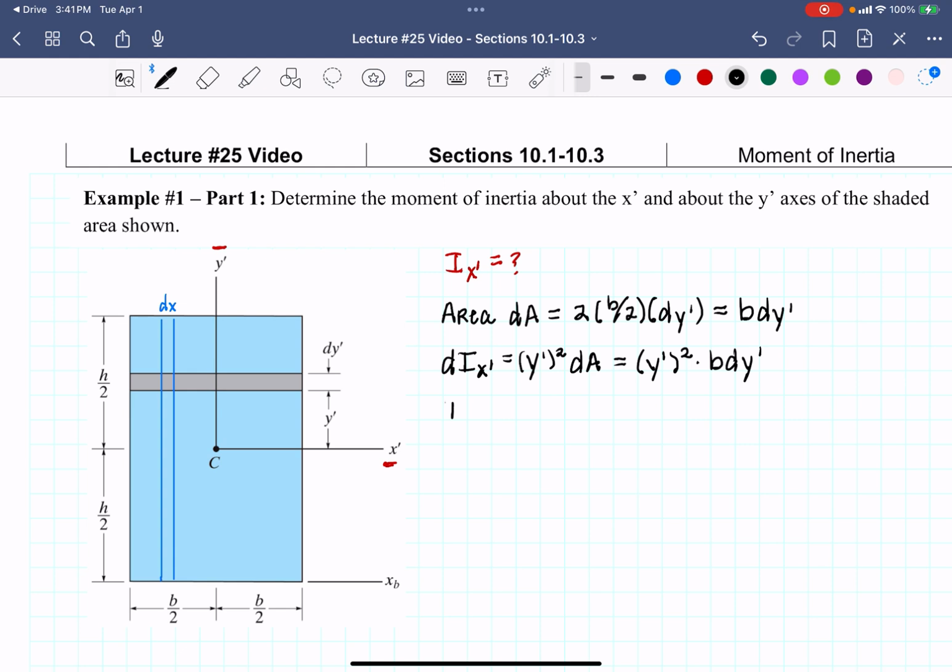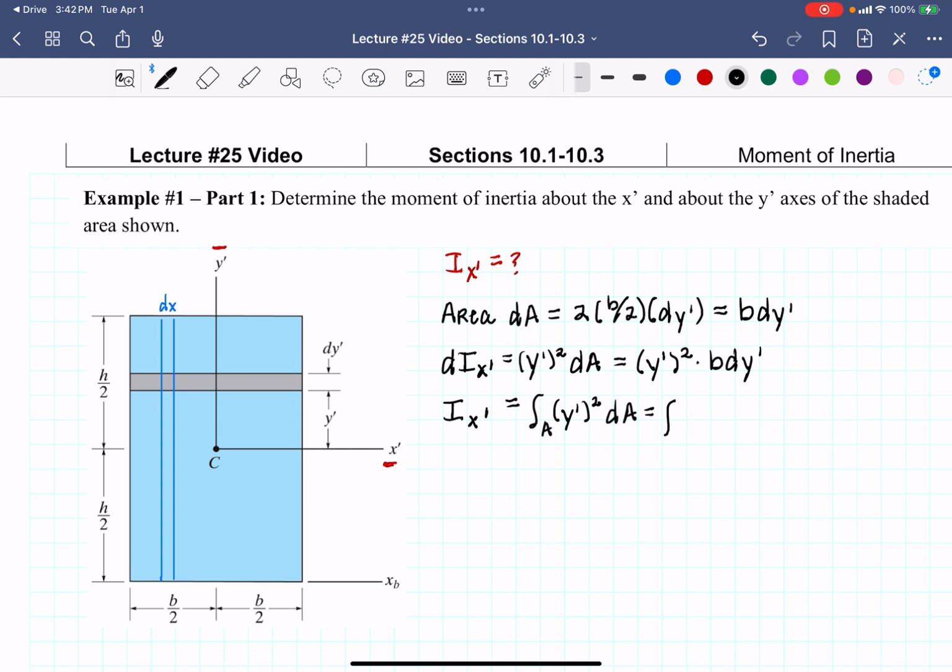So to actually find I of x prime, I need to take the integral of that over the area. I need to take y prime squared dA, which I already found, as the integral. I'm looking at dy prime as my part, so I'm going to take the integral over the y side.